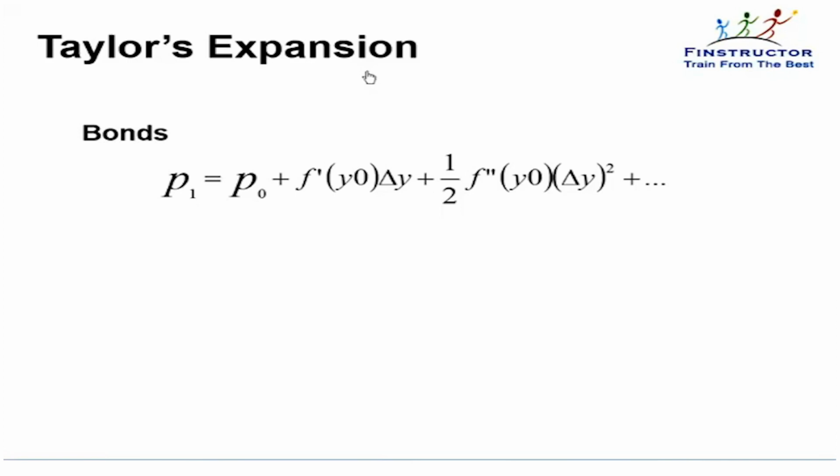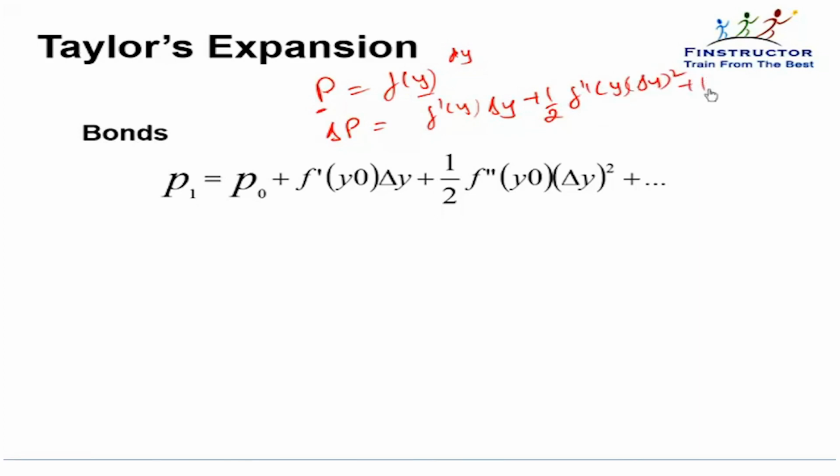It's a mathematical concept that says if anything P is a function of a variable Y, in our case the price is a function of the yields, then the change in P for a small change dy in Y can be given as: delta P will be equal to the first derivative of P into delta Y, plus half into the second derivative into delta Y square, plus 1/3 into the third derivative into delta Y cube, and so on and so forth till infinity.